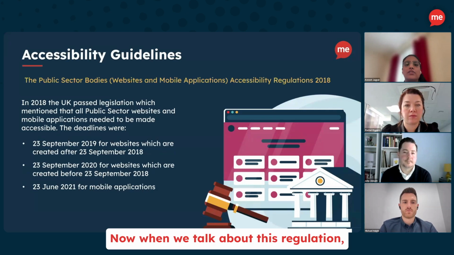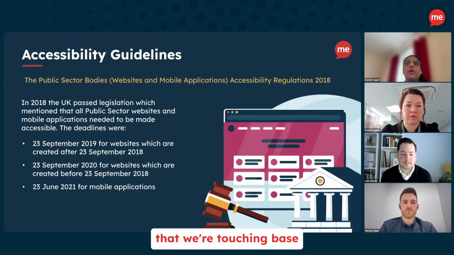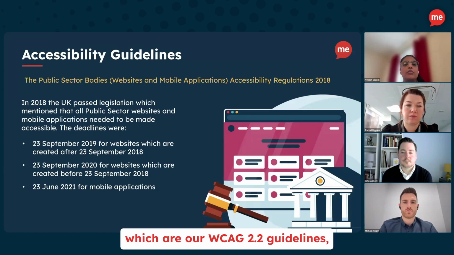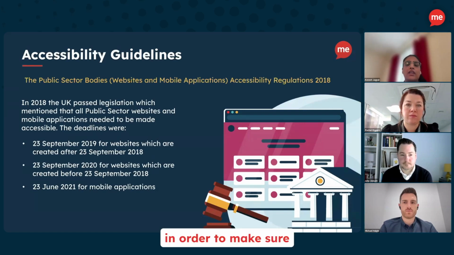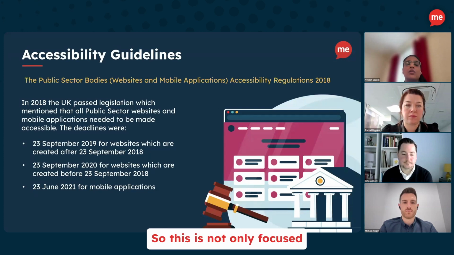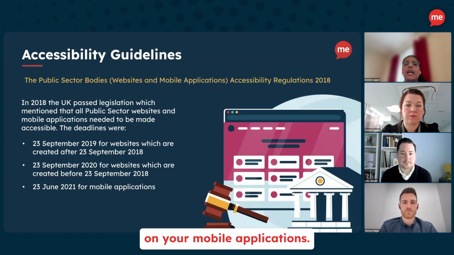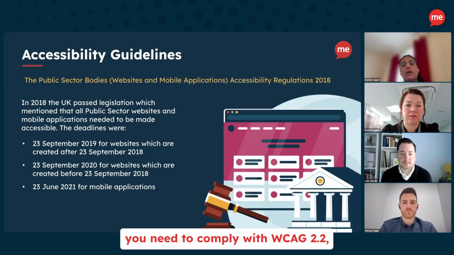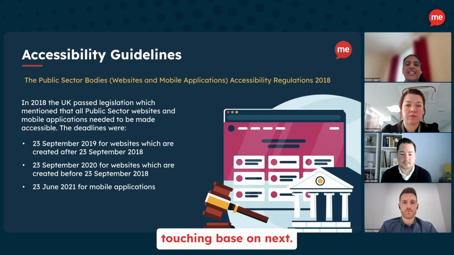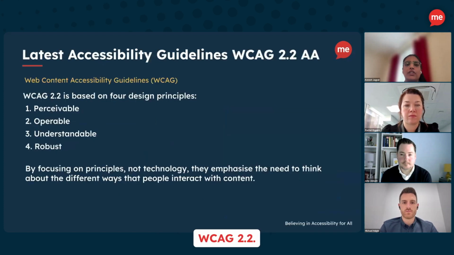Now, when we talk about this regulation, we need to make sure that we're touching base with our foundations, which are our WCAG 2.2 guidelines, in order to make sure that we are correctly creating our services. So this is not only focused on your public sector websites, it is also based on your mobile applications. And in order to meet these, you need to comply with WCAG 2.2, which I am going to be touching base on next.